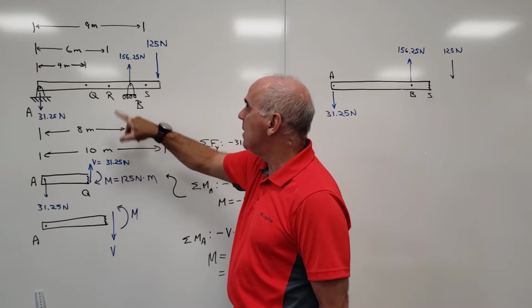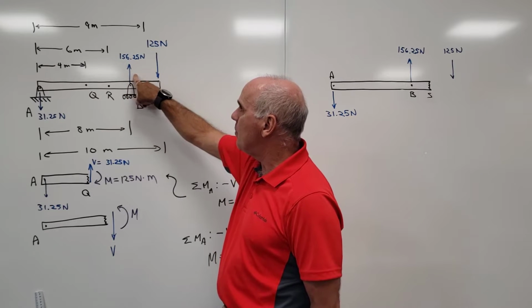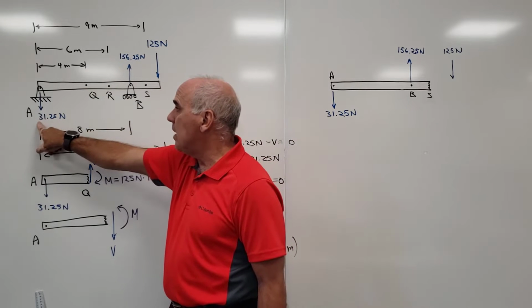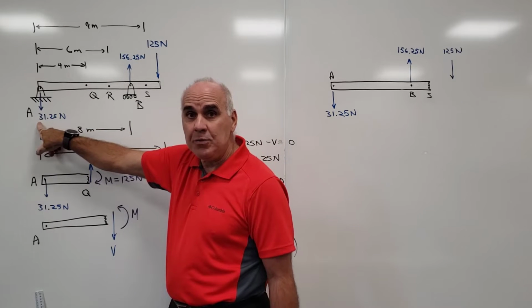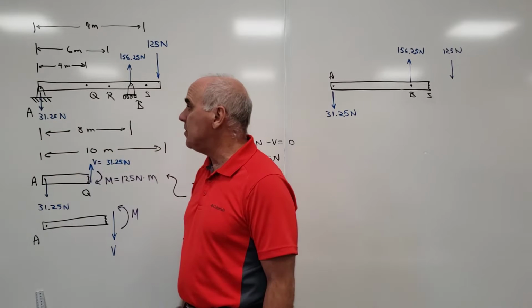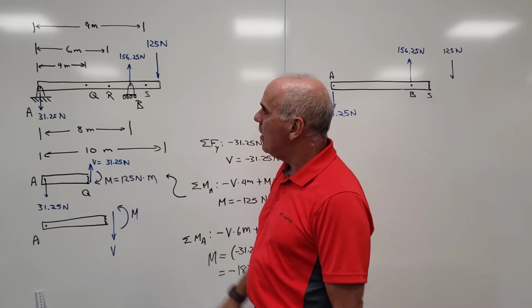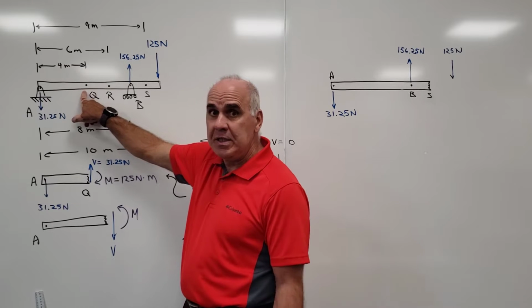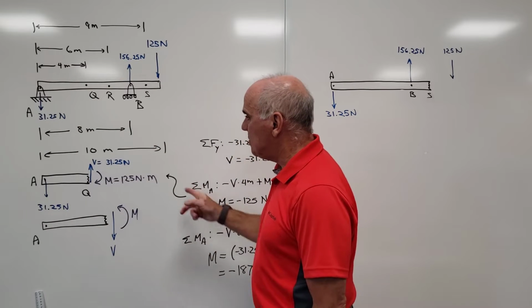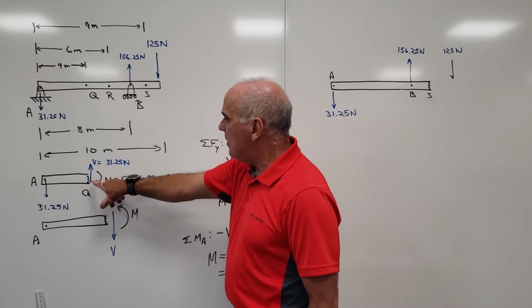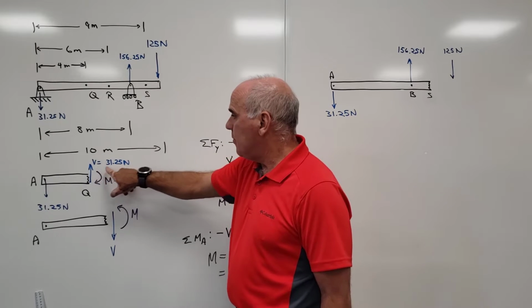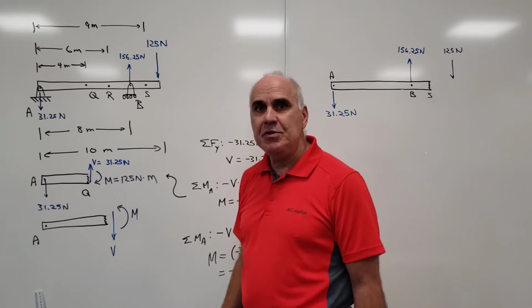We determined that the roller support had an upward force of 156.25 newtons, and the pin support on the left-hand side had a downward force of 31.25 newtons. We've already found the internal forces at point Q. We did that in the previous video, but just to rehash that, we discovered that the shear force was upward, so V is 31.25 newtons.